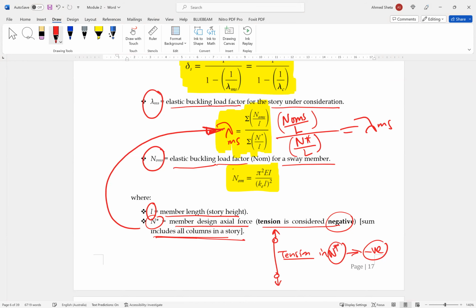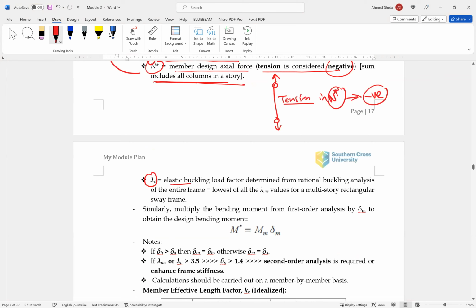Lambda c is the elastic buckling load factor determined from the rational buckling analysis of the entire frame. Lambda c is equal to the lowest of all lambda ms values for a multi-story rectangular sway frame. So lambda c is the lowest lambda ms.